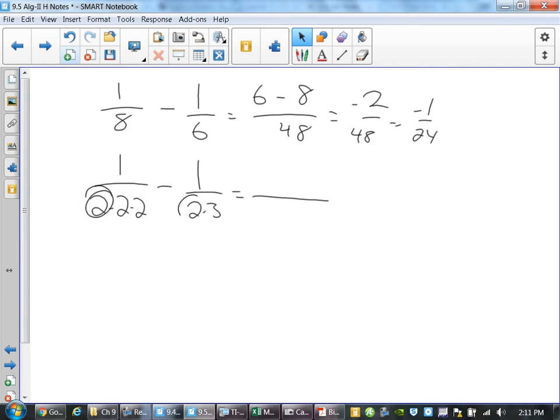A 2. What's left? 2 2s. What's 2 times 2 times 2? 4. Times 3, 24. Which meant this side needed to be multiplied by a 3, and that side needed to be multiplied by 4.